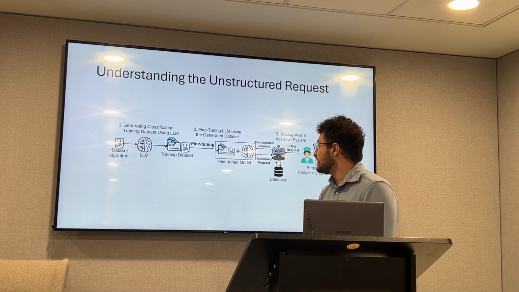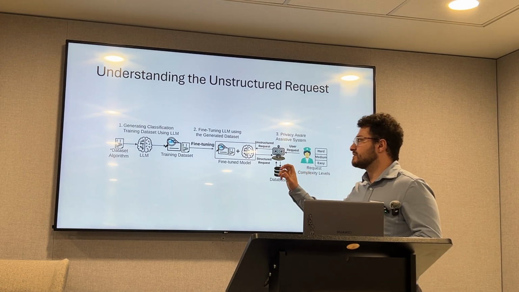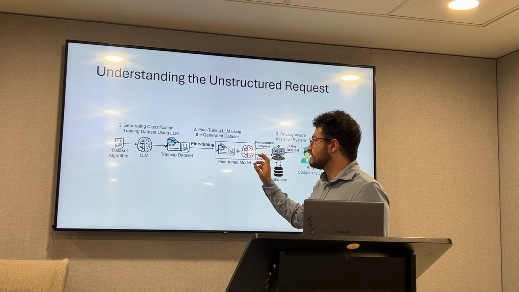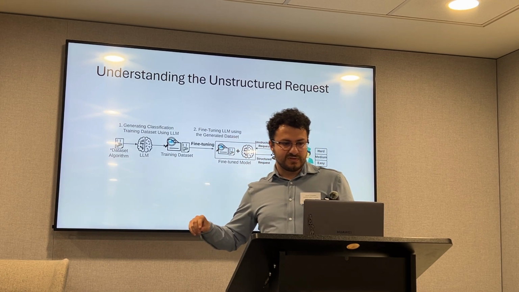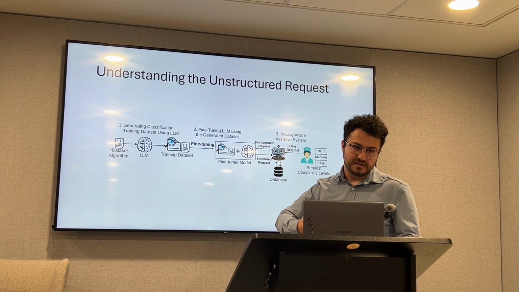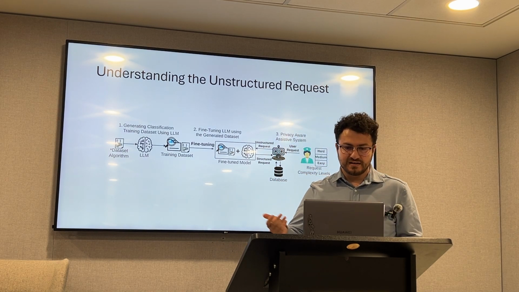So this started with generating a specific data set for the training of the large language model, then fine-tuning the model and testing it against 3 levels of complexity, from easy, medium to hard.